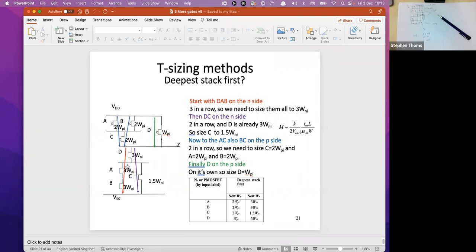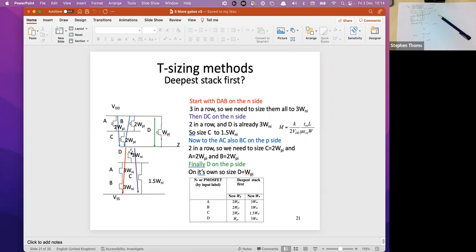This example is doing the deepest stack first. I think it's the shallowest stack first that you actually need to look at, but let's just look at the deepest stack first.